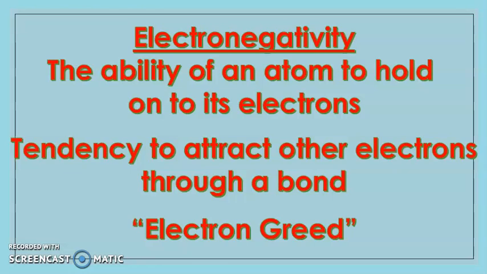I've heard this referred to as electron greed, although I don't want to use those terms in class. The official definition is the tendency of an atom to attract electrons through a bond. So what's going to be the stronger attractor of electrons?